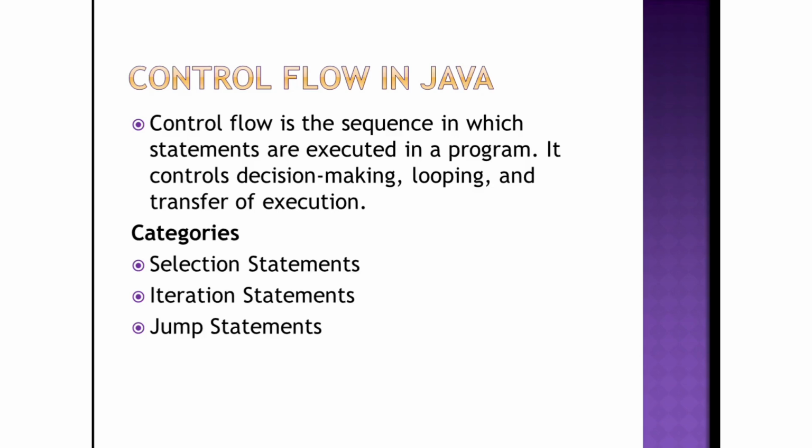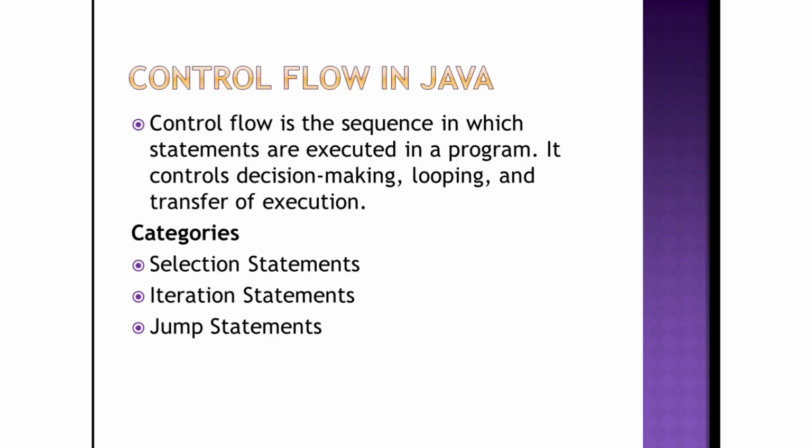To solve this situation, Java provides three types of control flow statements. The first is the selection statement, which helps us make decisions. The second is the iteration statement, which is used to repeat a block of code. The third is the jump statement, which transfers control from one part of the program to another. We will study each of these in detail with examples.